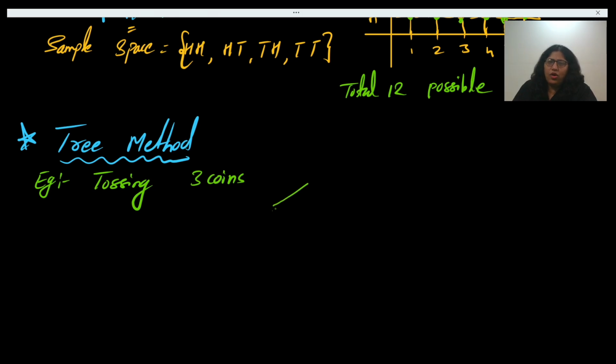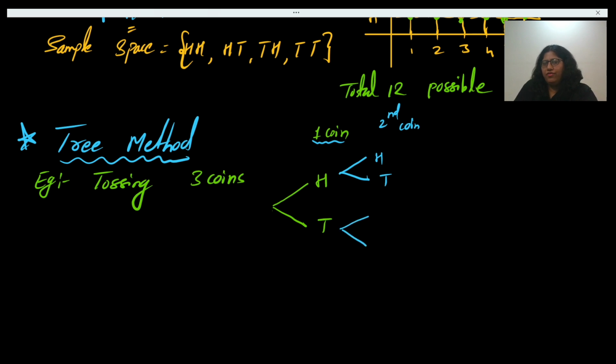So what is going to be the first one? These are called the tree method branches, you are taking the first coin. So what are the possible outcomes here? Heads and tails. Then from each one, because the first coin has already been tossed, then the second coin also, the possible outcomes are heads, tails.